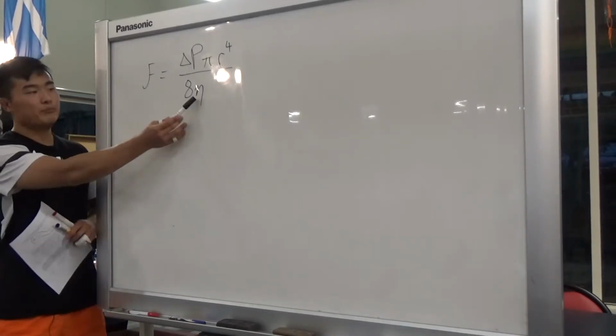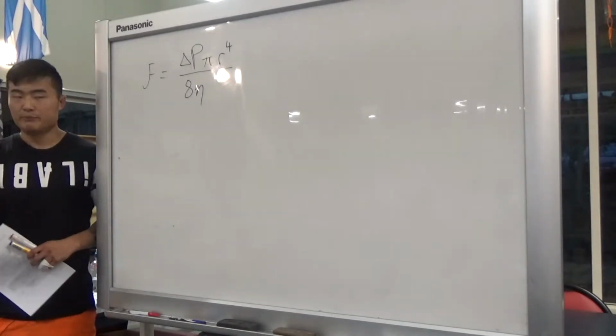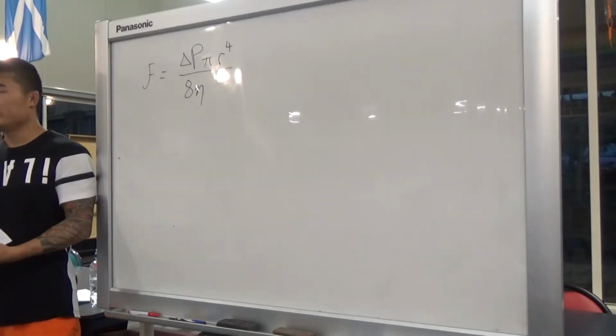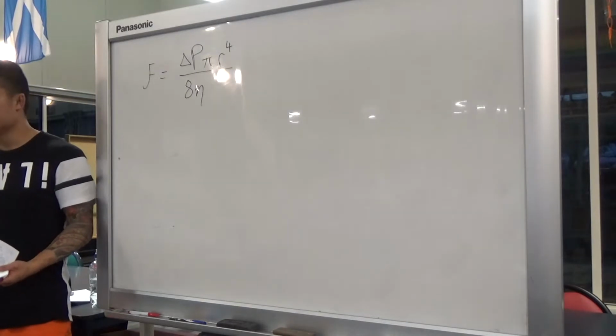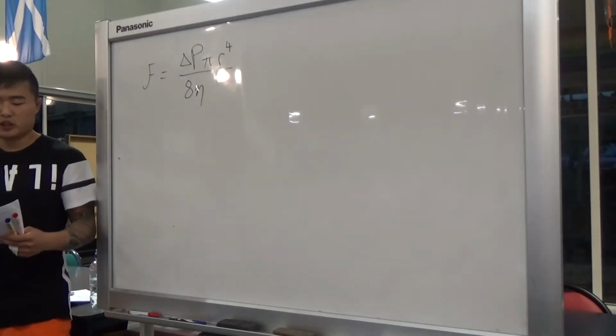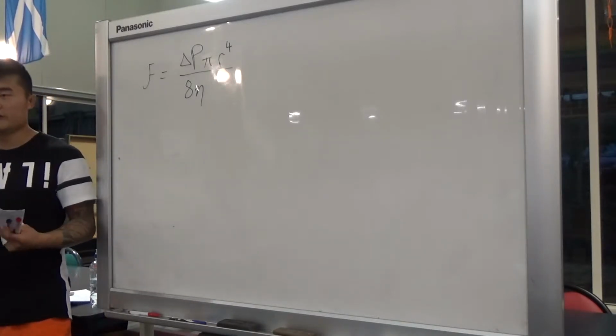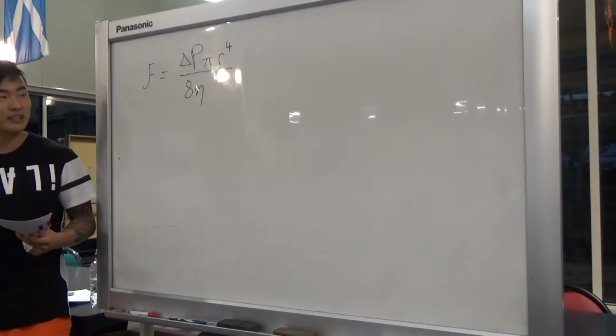And this is the number that tells you how viscous a liquid is. And because water has a very low viscosity, because it's very runny, in most of our problems, we just assume that water is a non-viscous liquid.